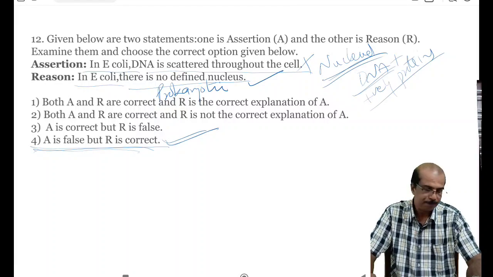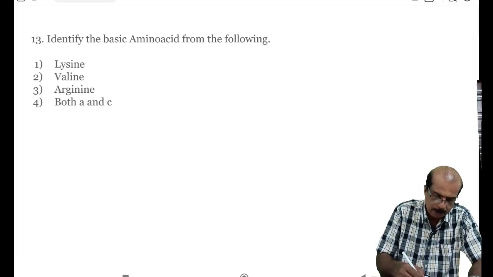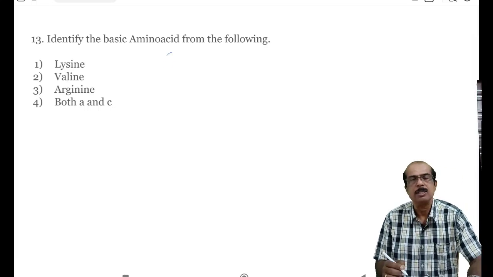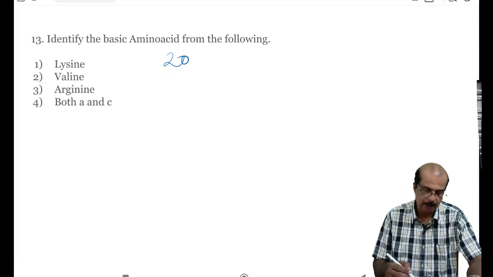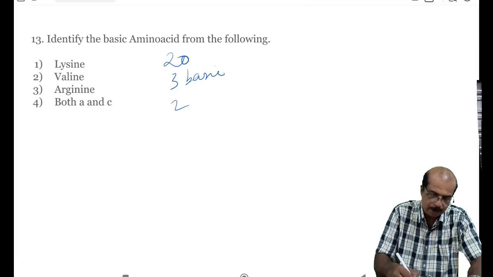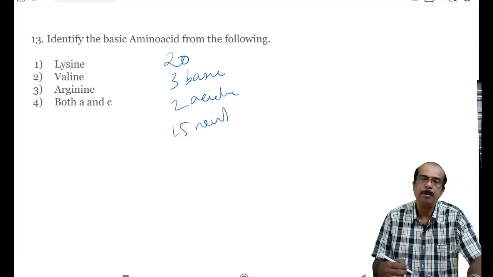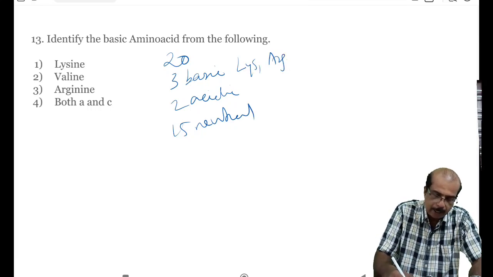Moving to the next question. Identify the basic amino acids from the following. We know there are 20 standard amino acids which make a polypeptide chain. Here, 3 are basic amino acids, 2 are acidic amino acids and the remaining 15 are neutral amino acids. The basic amino acids are lysine, arginine and histidine.